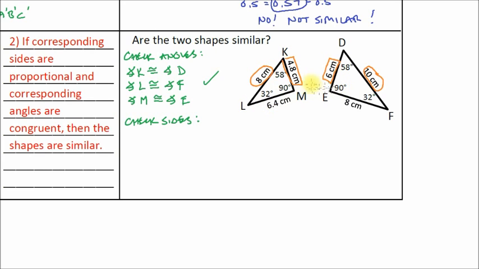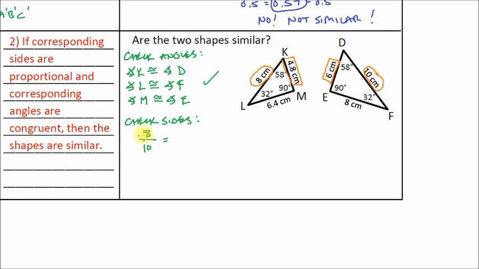Okay, so notice what I showed here. When we're going to check sides, you take the two longest sides and you put a circle around them. Take the two smallest sides from each triangle and put a rectangle around them. That means we know that those match up. So let's take a look at our sides. We're going to take the large side on the first triangle, 8, and divide that by the largest side on the second triangle, which is 10. Now we're going to go back and take our smallest side.